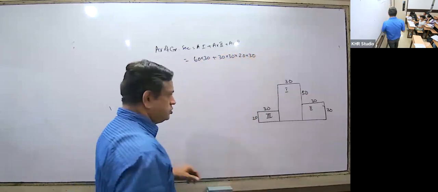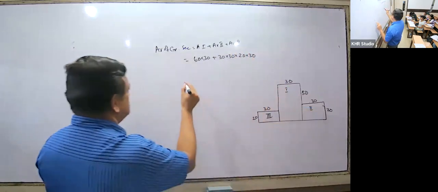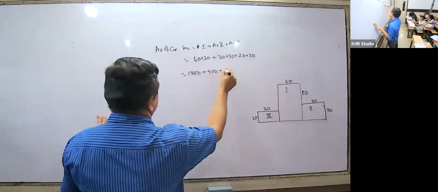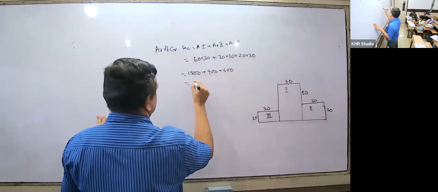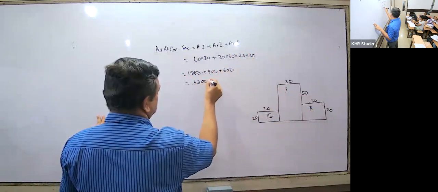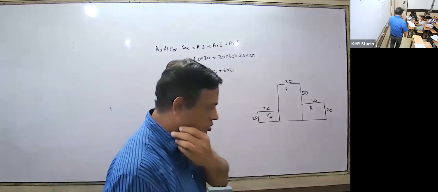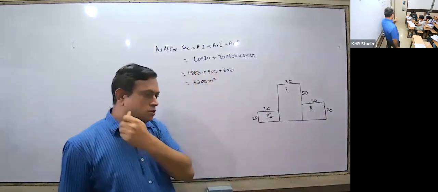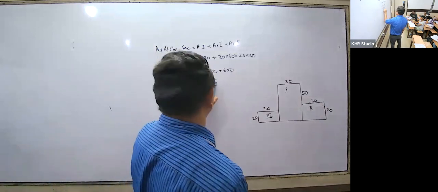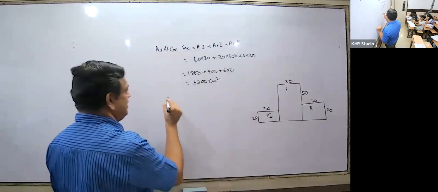Did all of you follow? 6 threes are 18, 18 plus 9 is 27, so 3300 centimeter square.